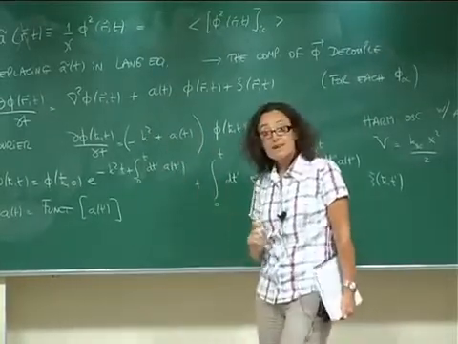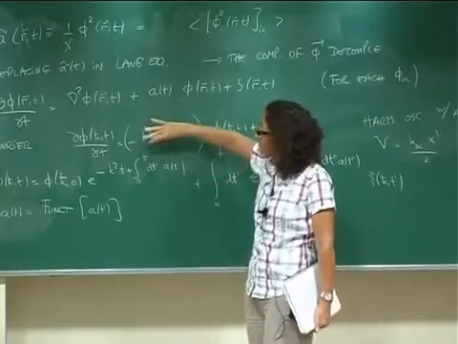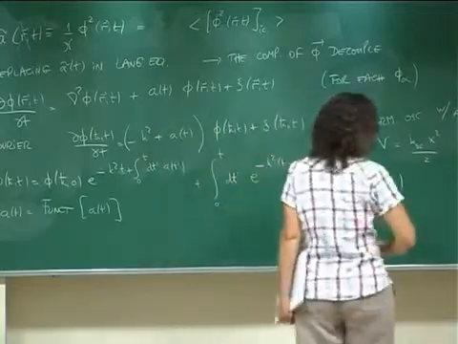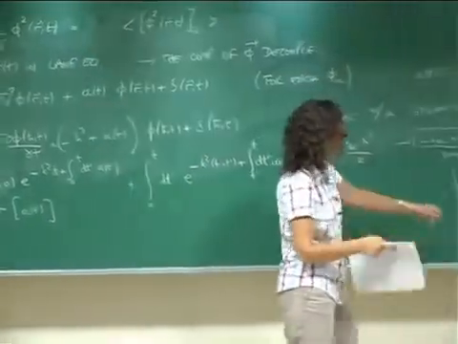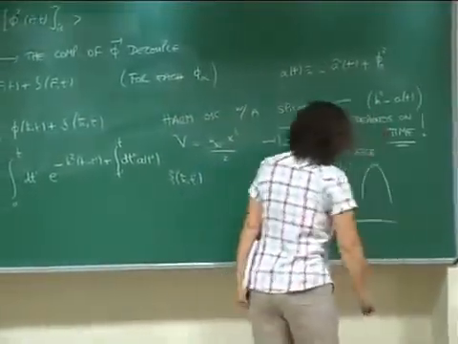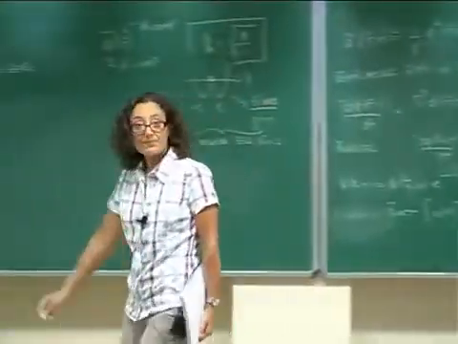But for k equal to 0, both terms go to 0. This term vanishes. This prefactor vanishes. And next, what I have is not a harmonic potential. I have a random walk. If I don't have a potential, then I have a random walk. Diffusion.